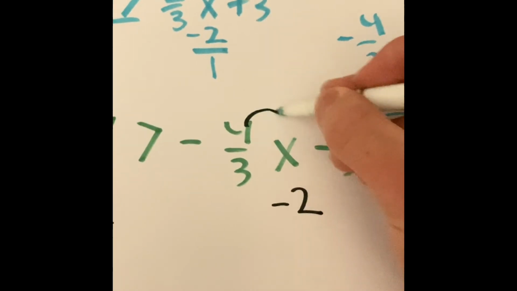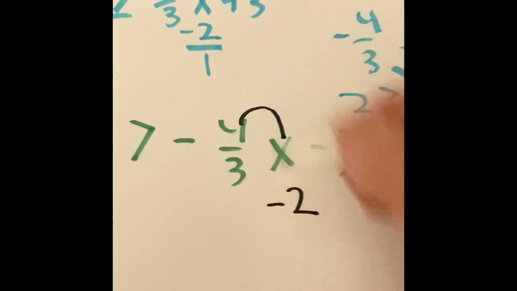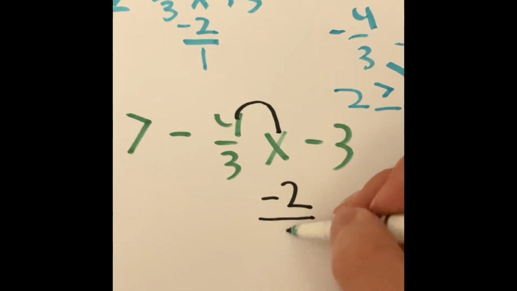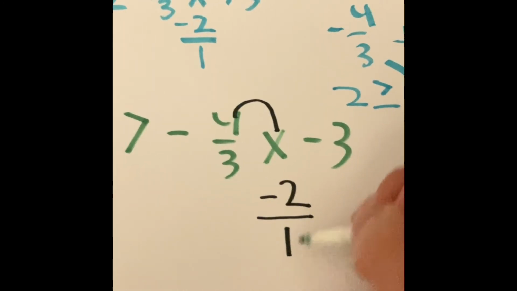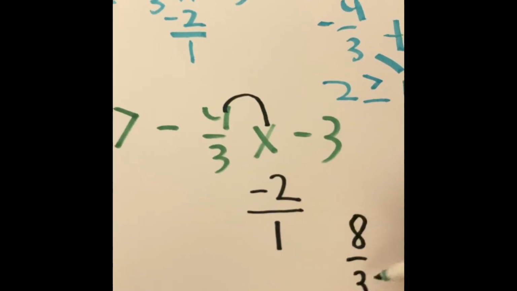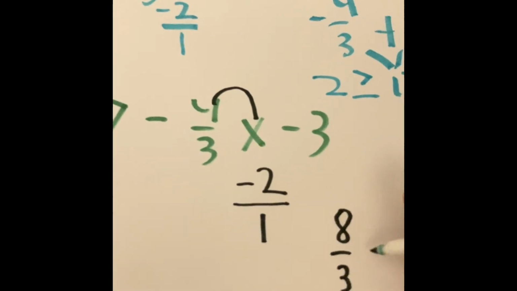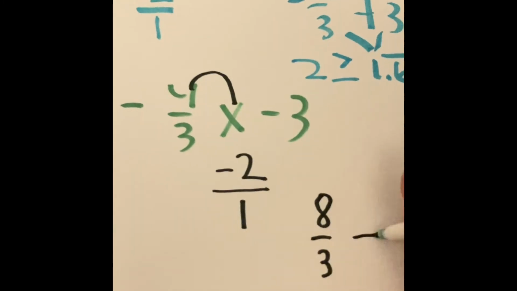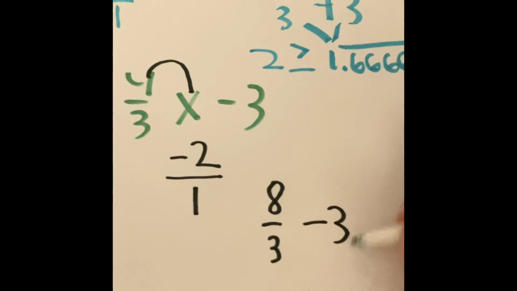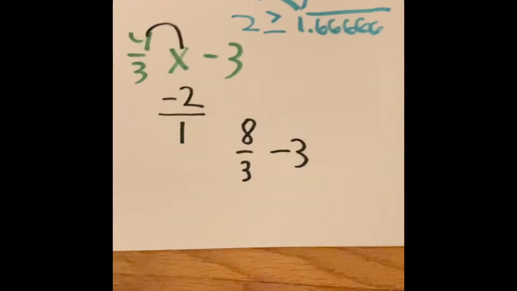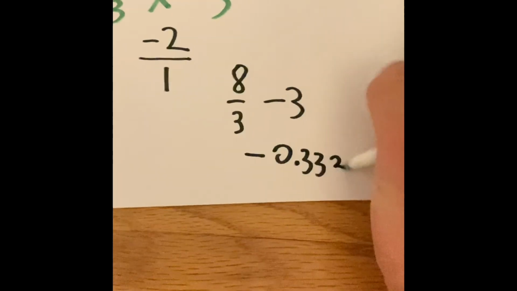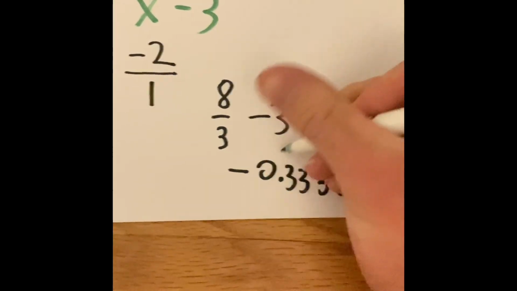So that multiplied by that, negative times a negative is a positive. And we're going to put this as -2 over 1. So we get +8 over 3. And when we do that, we're going to subtract 3, and 8 over 3 minus 3 is negative 0.33333 repeating.